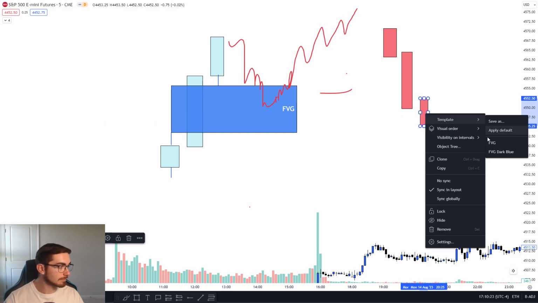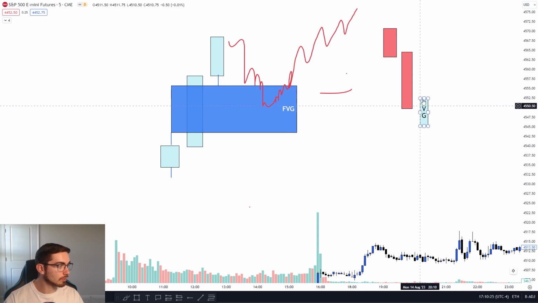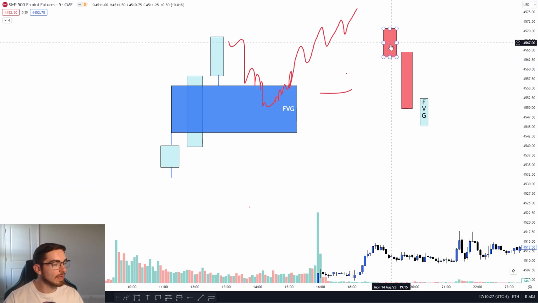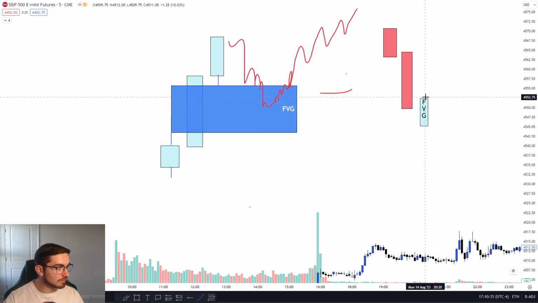So let's just go ahead and make this one a green, just for this scenario, right? We have this red candlestick right here. Again, it could be green, doesn't really matter. And then we have this red, strong, aggressive move away, right? The main thing that we want to look for is to make sure that this upper wick does not intersect with this candle's lower wick, right?